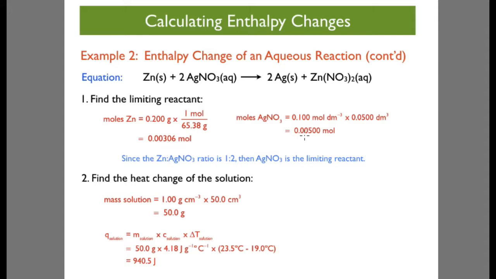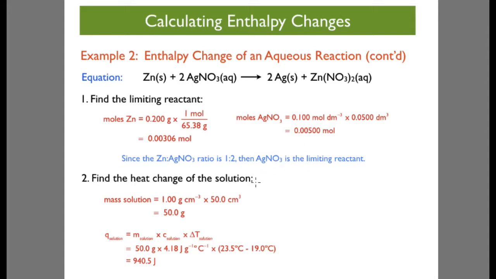So if we look at the ratio of 1 to 2 here, this would actually have to be 0.0006 to be sufficient to totally react with this. So this is the limiting reactant. And we can see those ratios from the balanced equation that's given to us. So silver nitrate is the limiting reactant.